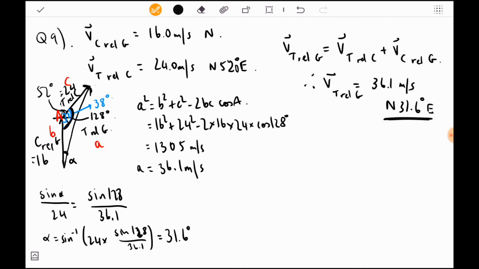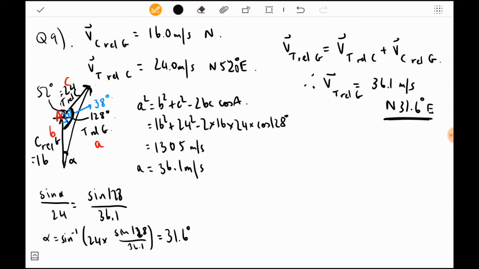So if we want to find out how long it will take the truck to travel a certain distance north, we need to find the northern component of the velocity of the truck. It's a bit complicated, but hopefully it'll make sense as I step through the maths of it.